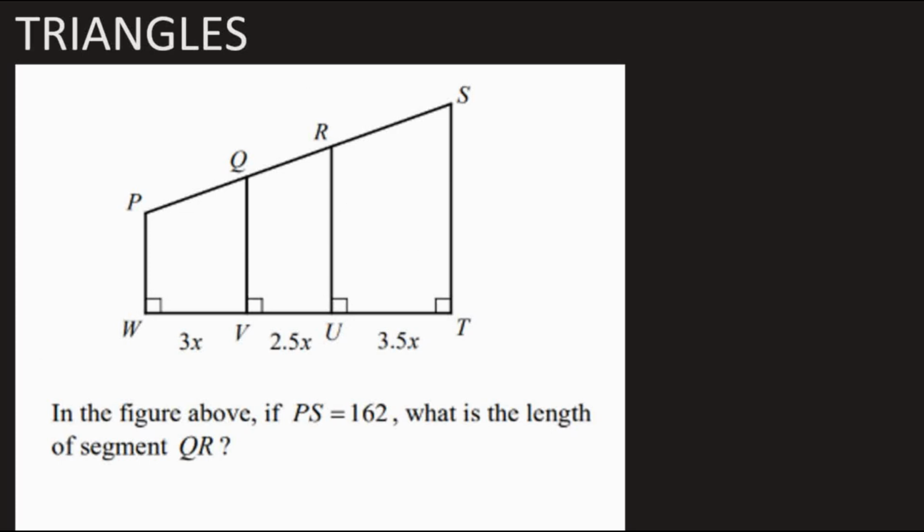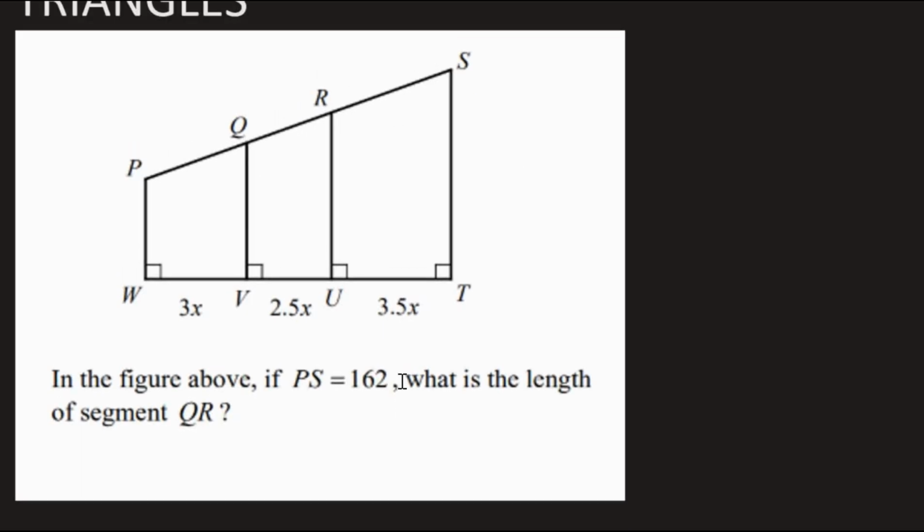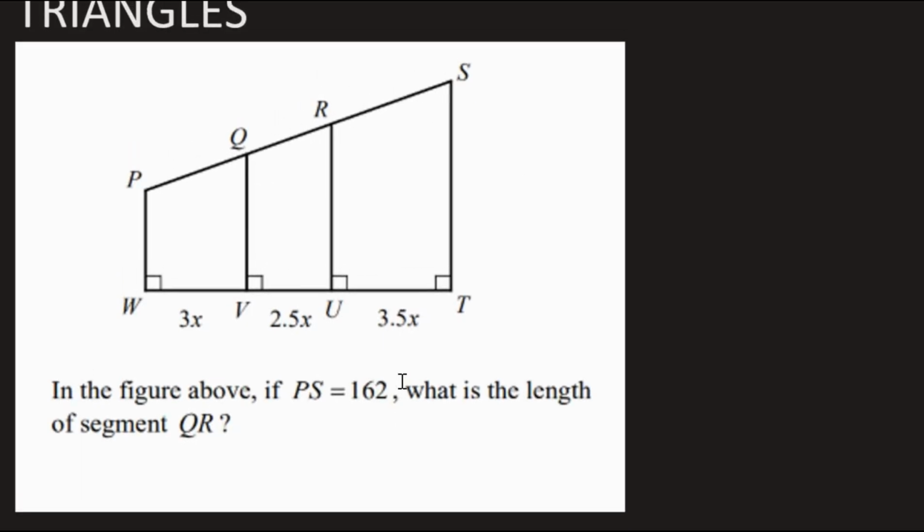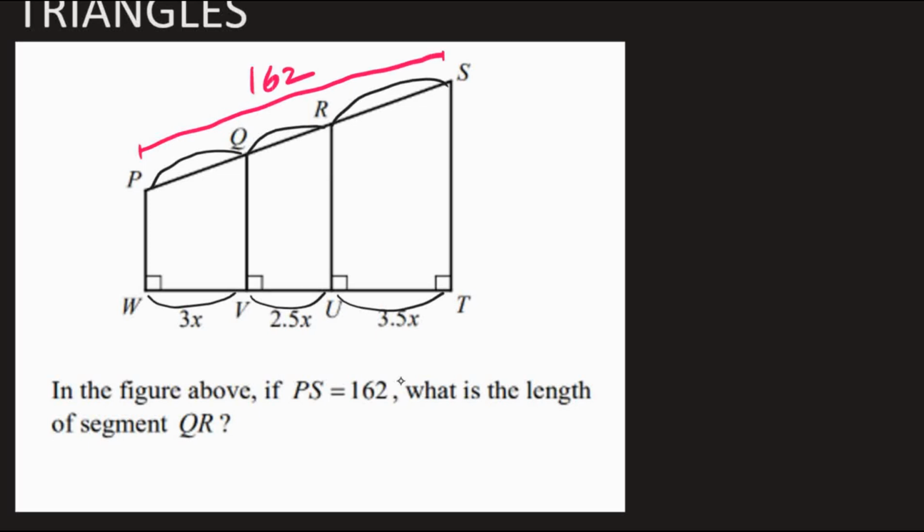So then the ratio of this side to this side is equal to the ratio of that side, QR over R. Now we are given PS 162, from here to here is 162. What is the length of QR? So the length of QR is the question.